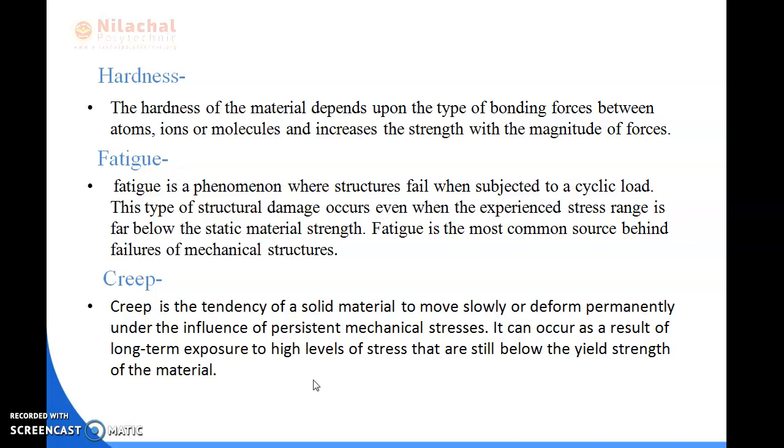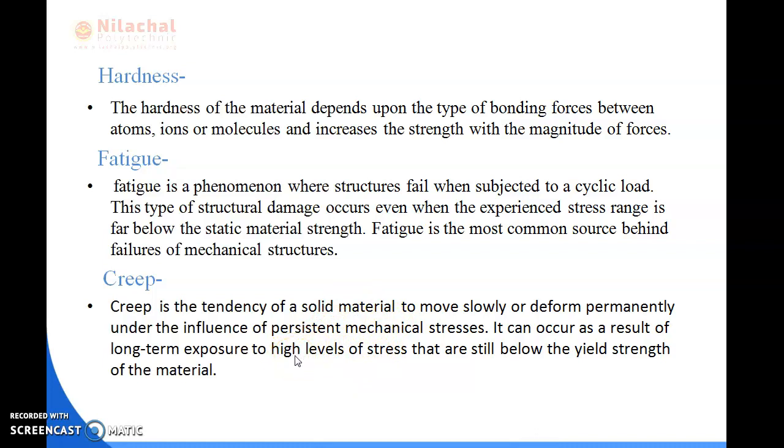So creep is usually a concern to engineers and metallurgists when evaluating components that operate under high stress and high temperature. That is all about the creep properties, and so all about the mechanical properties of a material.